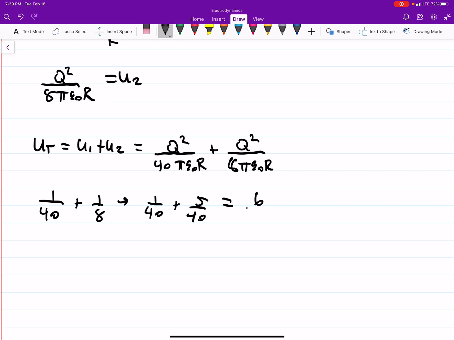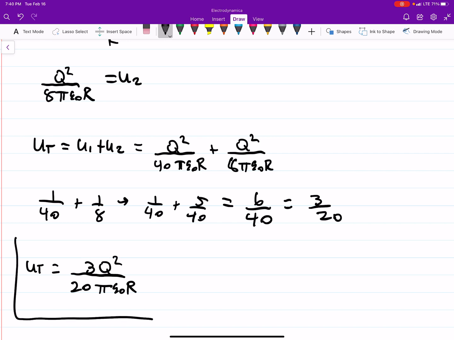So that's 6 over 40. 2 goes into both, 3 over 20 times, not 2. Okay, so then U total is then just 3Q squared over 20 pi epsilon naught R. And that's it. That's the energy in your E field.